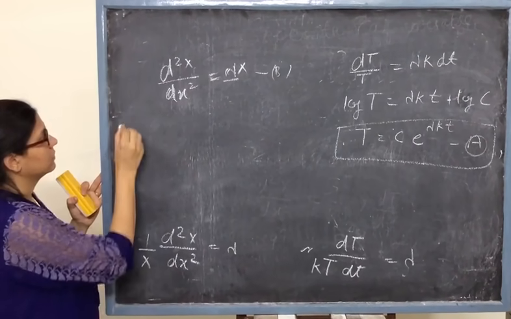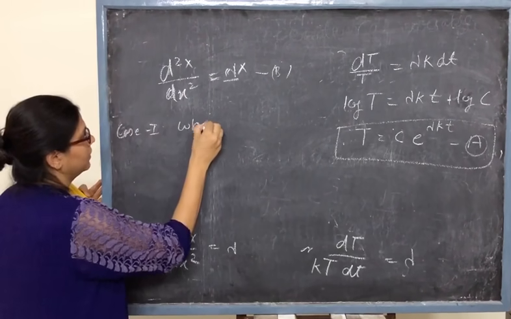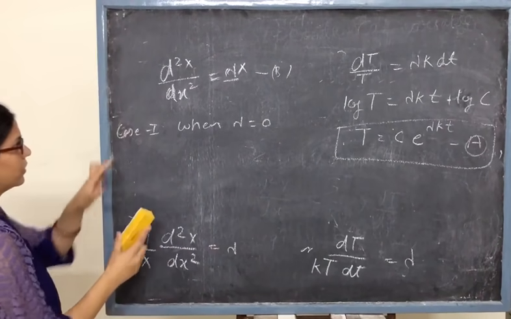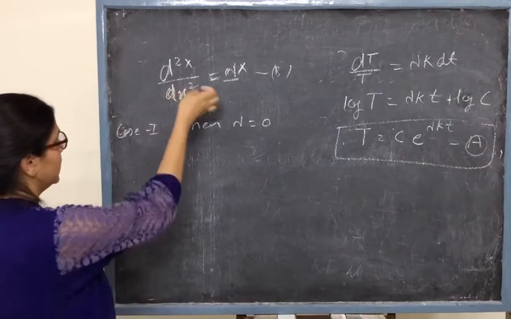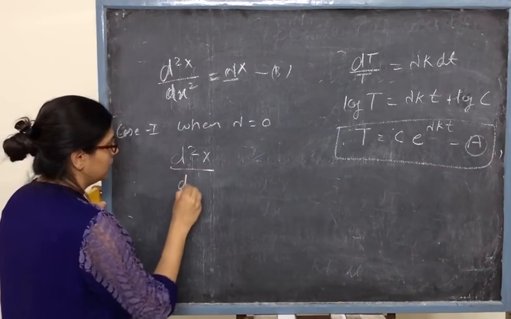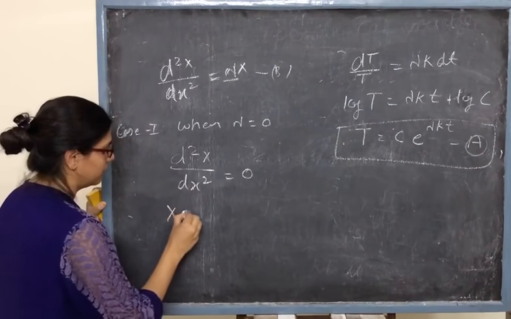First case, when lambda equals 0. If in equation 3 our lambda equals 0, then the equation can be written as d2X over dx square equals 0. On solving this, what will we get?